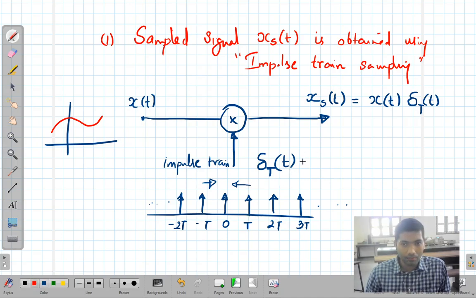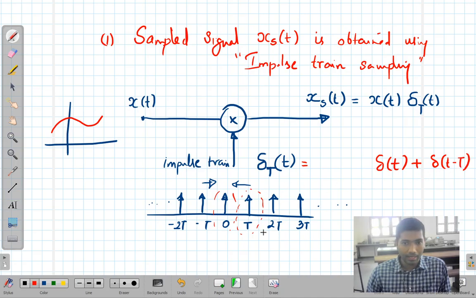This del T of t can be written as follows. We know there is a unit impulse, the middle one, which I am writing as del of t. The impulse at T is del of t minus capital T. The next one at 2T is plus del of t minus 2T, and so on.